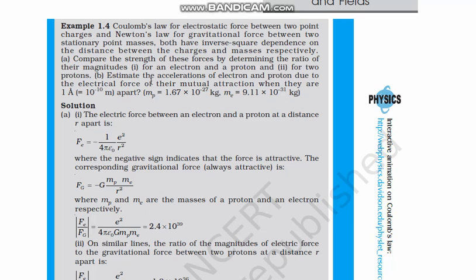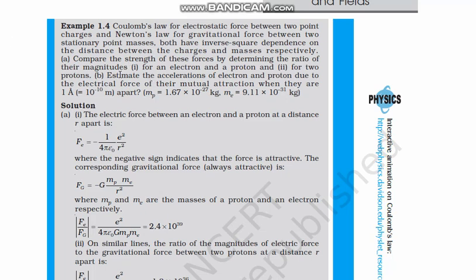Another case is two protons. If you see a nucleus heavier than the hydrogen atom, there are protons as well as neutrons living inside. If you see the helium nucleus, there are two protons, and these protons live in a very small area of 10 to the power minus 15 meter.